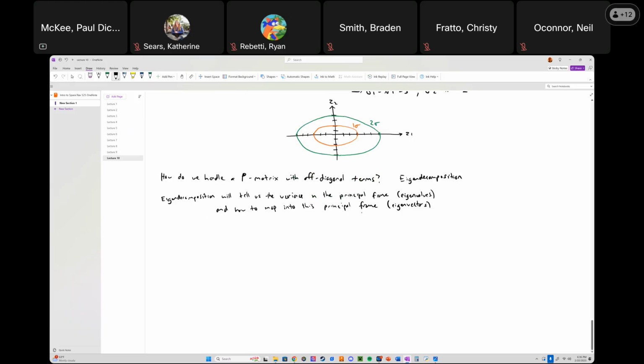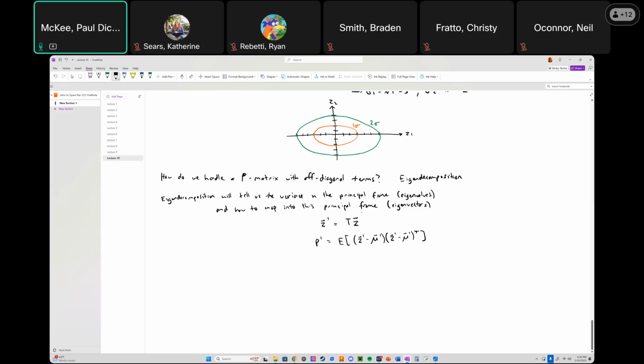So you can think of it this way. Let's say there's some vector z prime, which is just rotated z. Okay. Then the covariance associated with this, so the P prime, would be the expected value of z prime minus mu prime, z prime minus mu prime transpose. Okay.